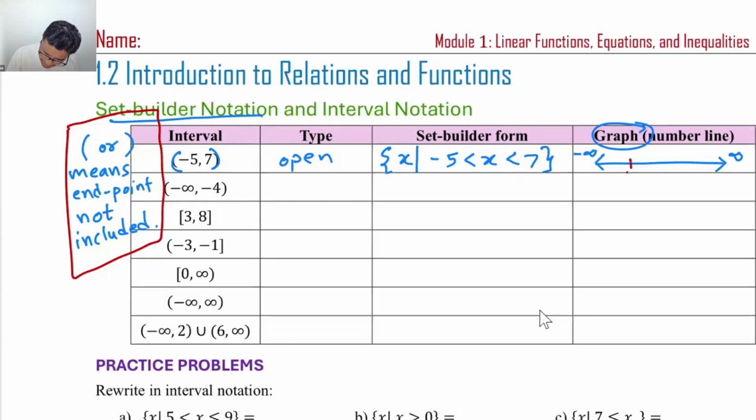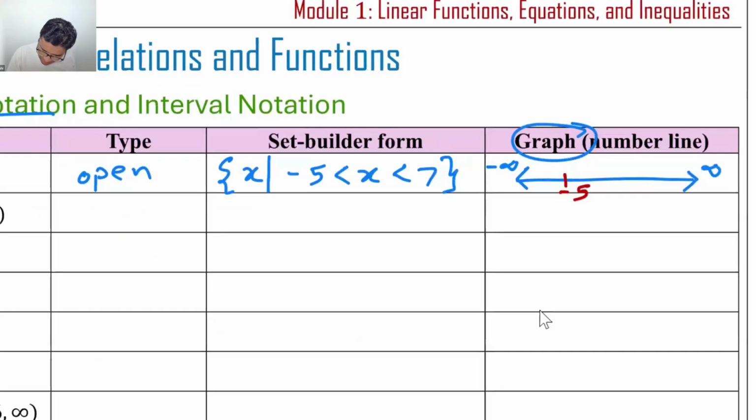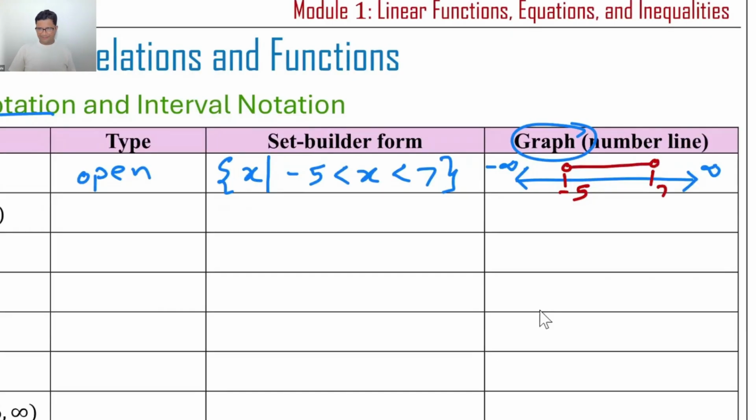Say -5 is here and 7 is here. Use an open circle here and an open circle there. The open circle means again those endpoints are not included, and the interval is between them, from -5 to 7.